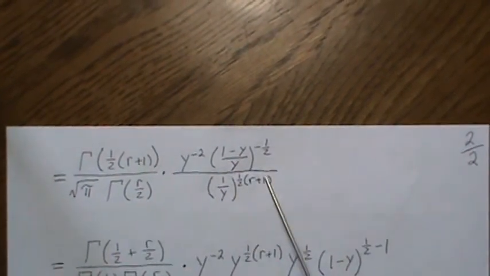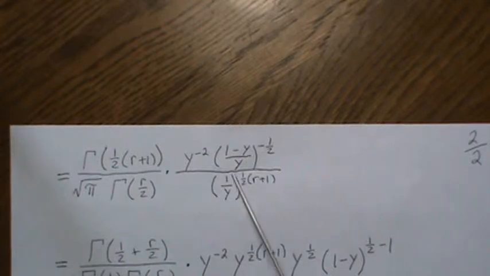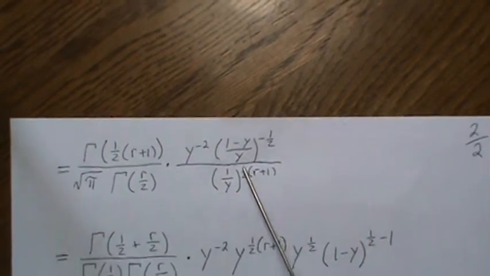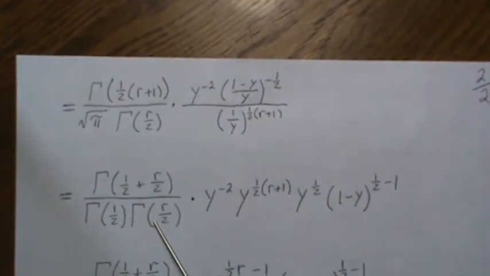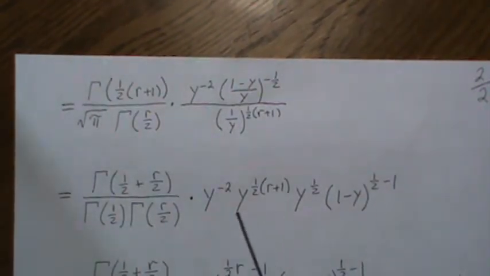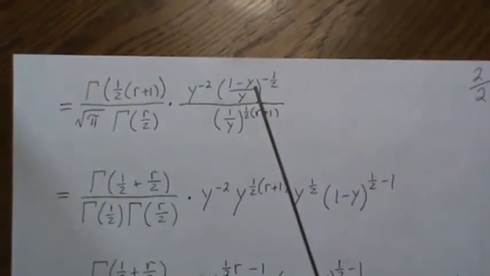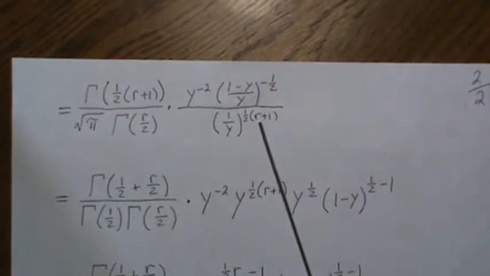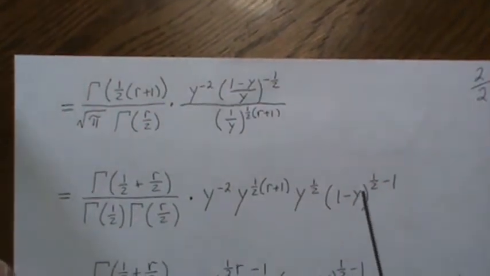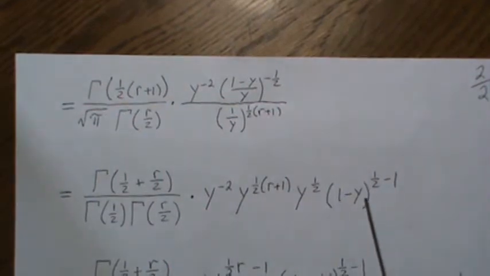Now we invert and multiply, and so this comes down. I changed the square root of pi to the gamma of 1/2, and you end up with this. So remember this 1 minus y, you take it down and it becomes a square root, but when you bring it back up, you get minus 1/2, and that's what this is.